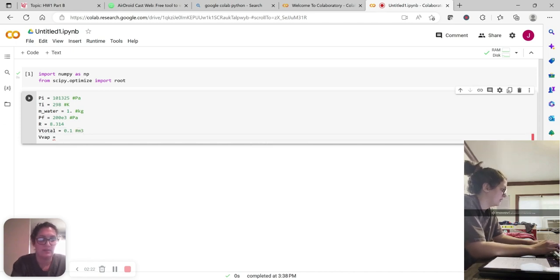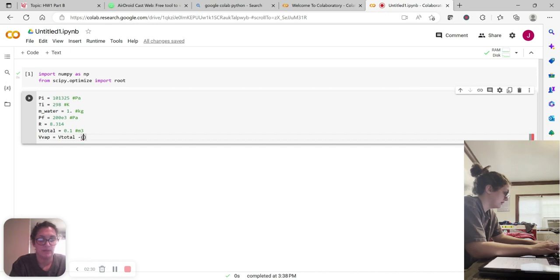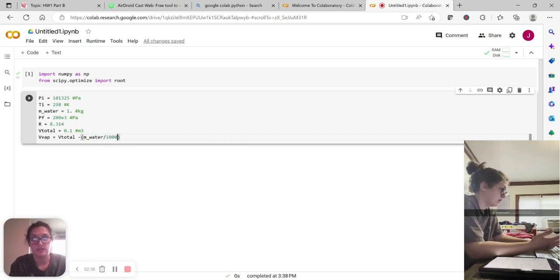So we're going to need that to calculate the volume of the vapor. So we're going to do the total minus the mass of the water divided by 1,000, because we used the density of water to calculate the volume and then subtracted that from the total volume.